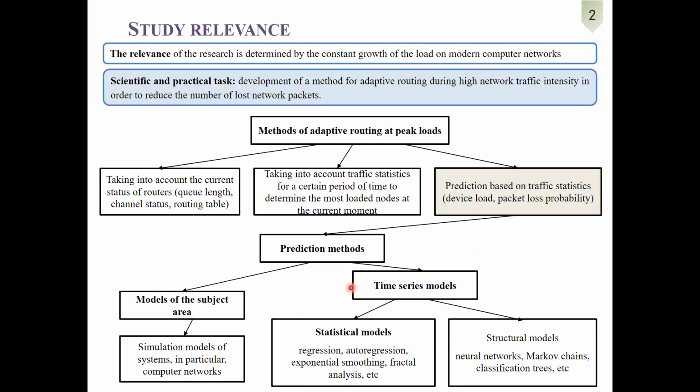The relevance of this study is determined by the constant growth of the load on modern computer networks. Therefore, an important scientific and practical problem solved in this work is the development of models and methods for adaptive routing during high network traffic intensity in order to reduce the number of lost packets.